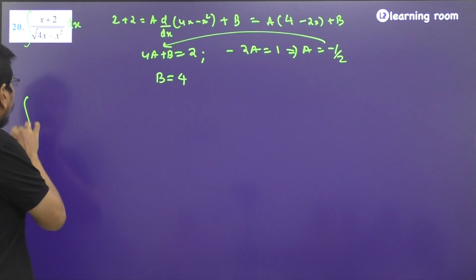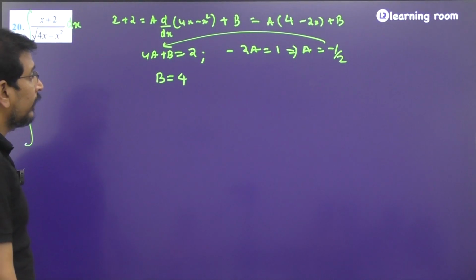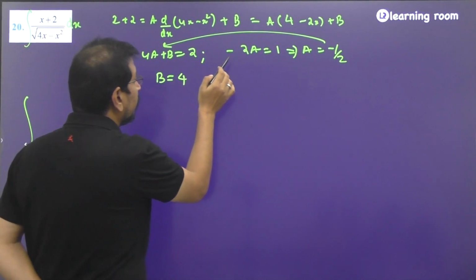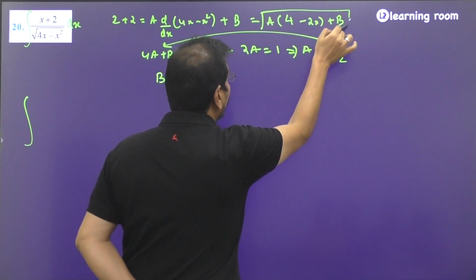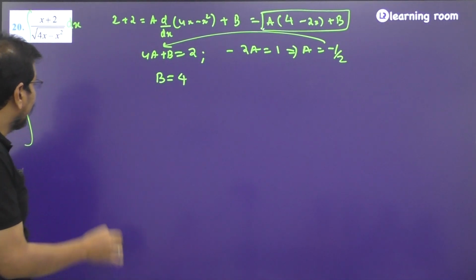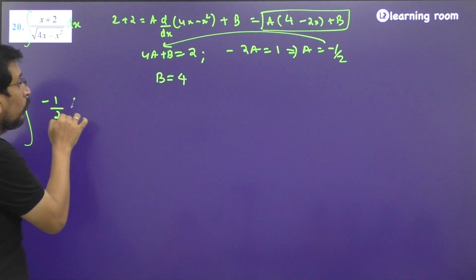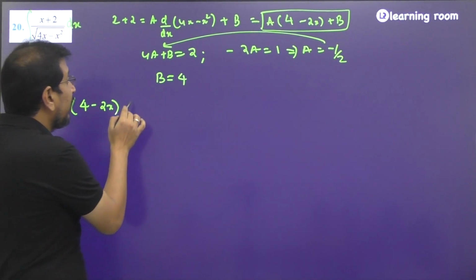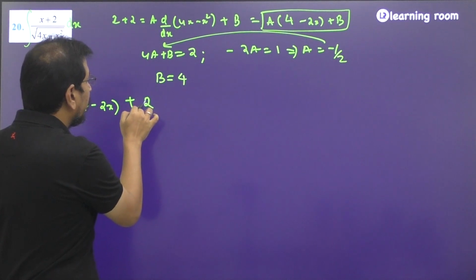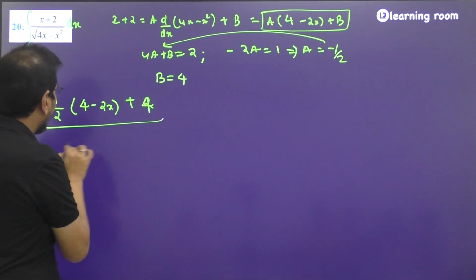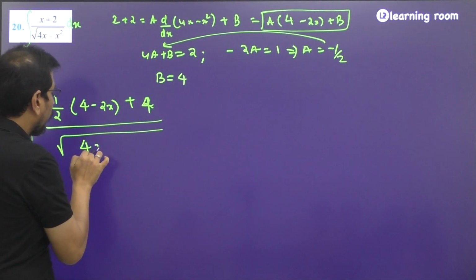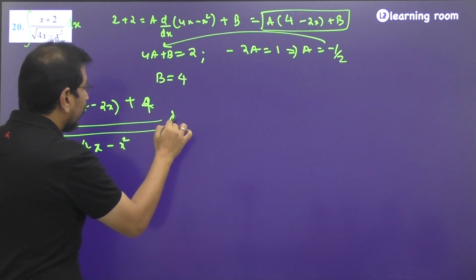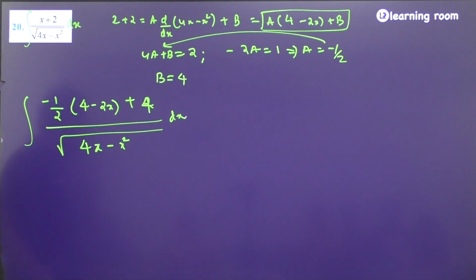So the integral of x plus 2, I can write it as this. So A is minus half. So minus half into (4 minus 2x) plus B, which is 4, the whole divided by the square root of 4x minus x square times dx. Right.